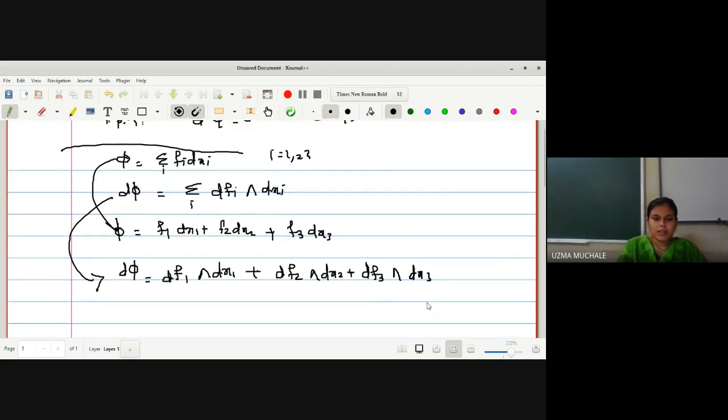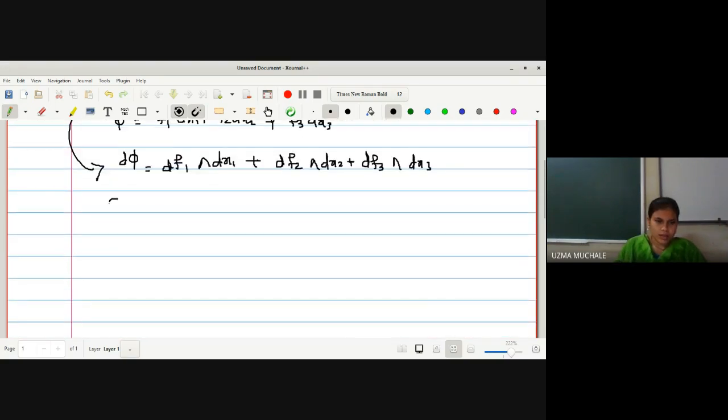Okay, so d phi is equal to df1 dx1 as it is, df2 dx2, df3 and dx3. Now we have to think on this and we have to evaluate each and every term.